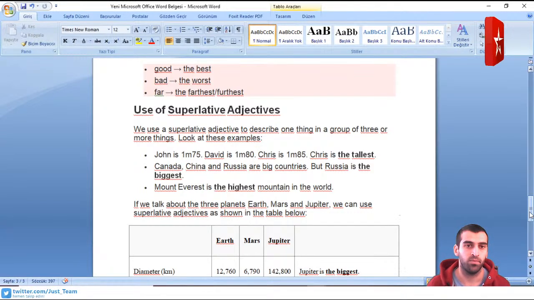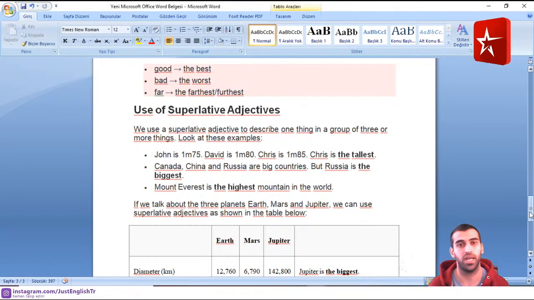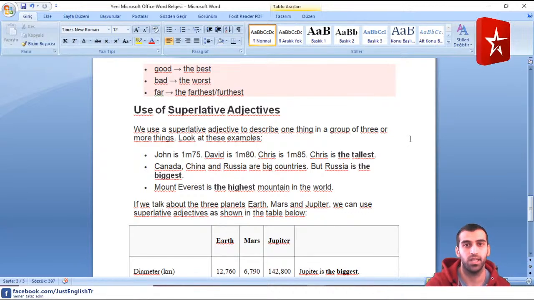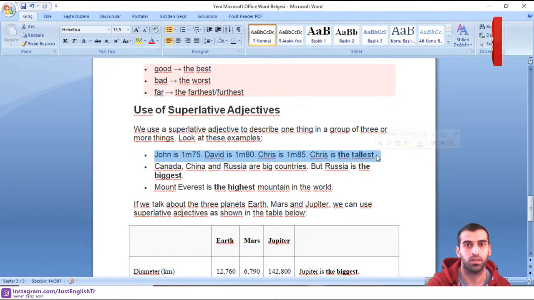Look at these examples. John is 1.75 meters, David is 1.80 meters, and Chris is 1.85 meters. So who is the tallest? Of course, Chris. Chris is the tallest one.